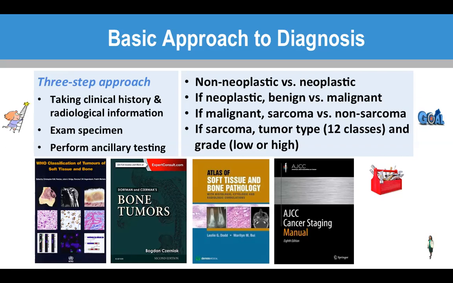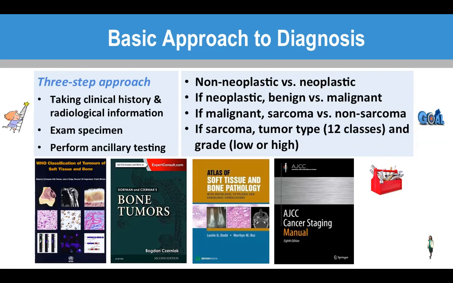We describe each one, and give you a good concept of how to triage the case so you can do the appropriate ancillary testing, correlate with the clinical and radiological information, and lead you to the right path to get a correct diagnosis.